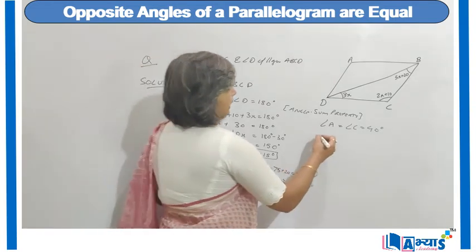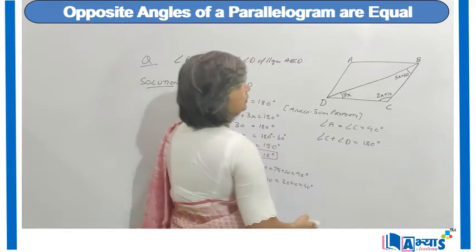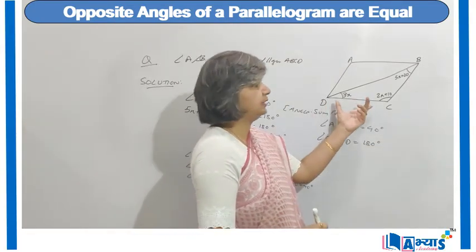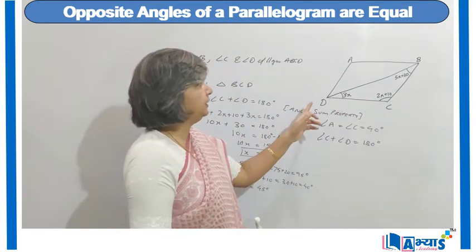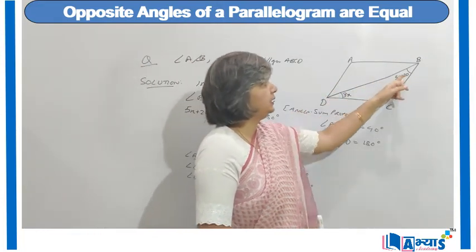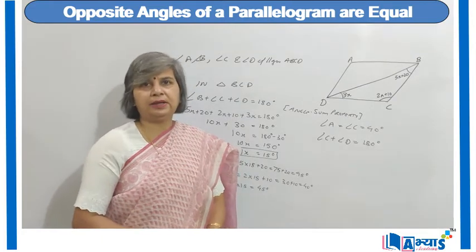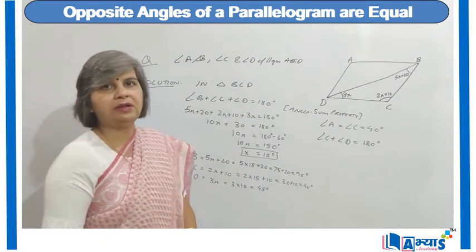Moreover, angle C plus angle D will be equal to 180 degrees, because we know that co-interior angles are supplementary, or adjacent angles of a parallelogram sum up to 180 degrees. If we take angle C and angle D, we see that AD and BC are parallel lines and CD is the transversal, so angle C and angle D are co-interior angles, and in case of parallel lines, the co-interior angles are supplementary.